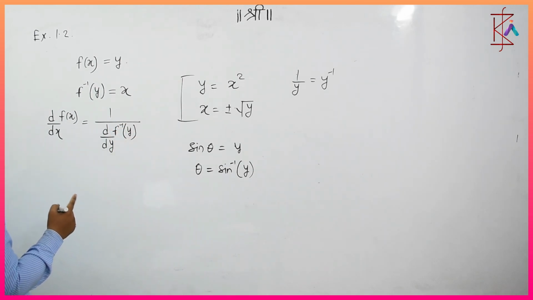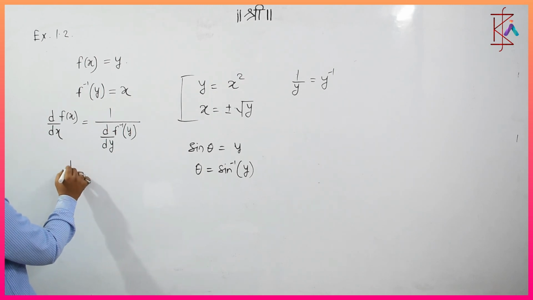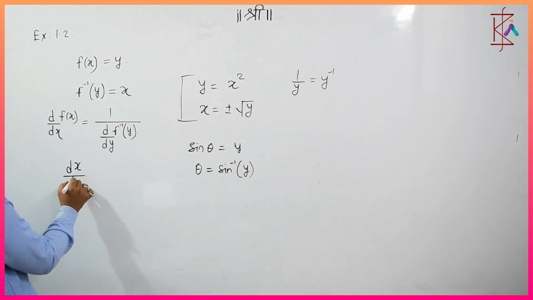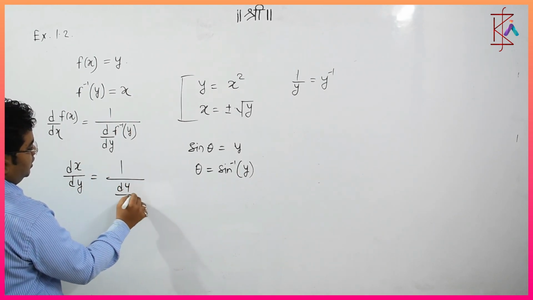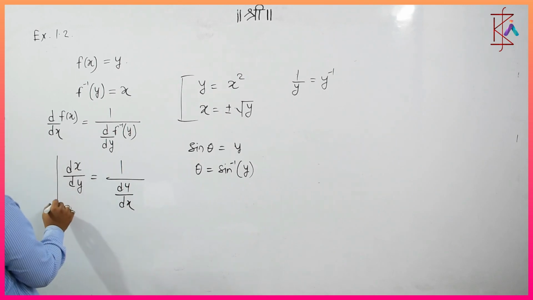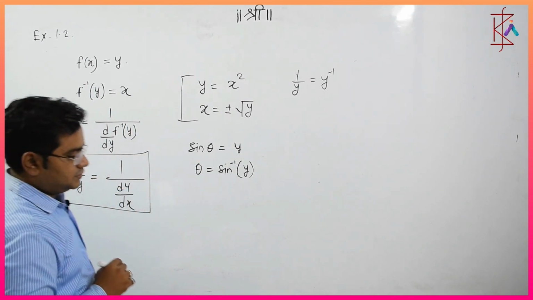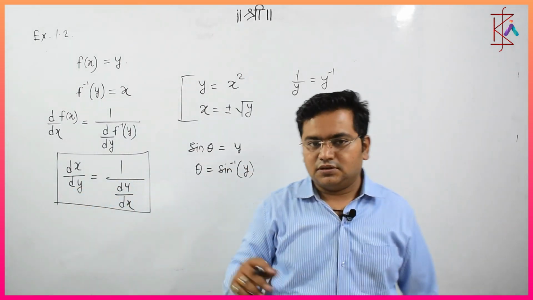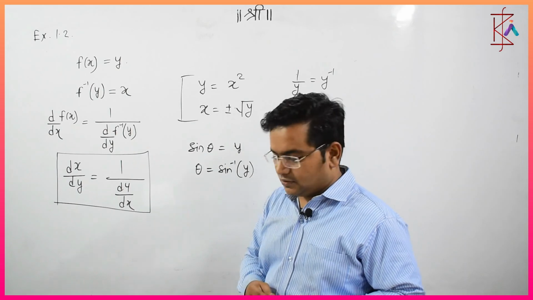It's quite difficult to work with this kind of function in this format. So instead we have this formula: dx upon dy is equal to 1 upon dy upon dx. This is a very interesting format where we get our values. That's how the process of differentiation is different compared to the other values.